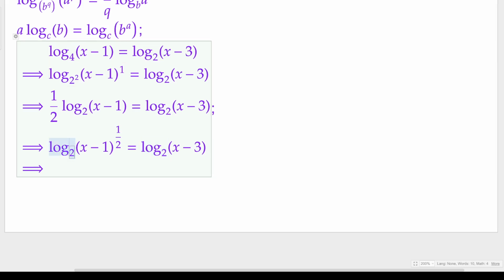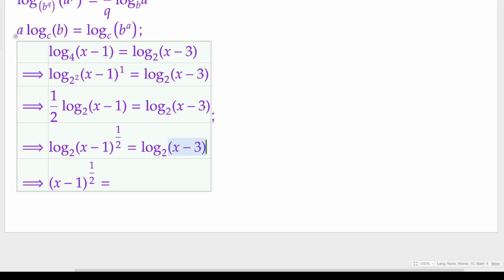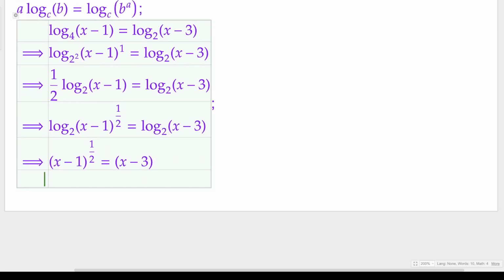The answer is incorrect. We cannot cancel this. Instead, we can say that by comparison, this particular quantity is equal to this one, right? It is not because this log base 2 is cancelled, it is by comparison. So this is equal to x minus 3 because of the comparison, not because of cancellation, right?